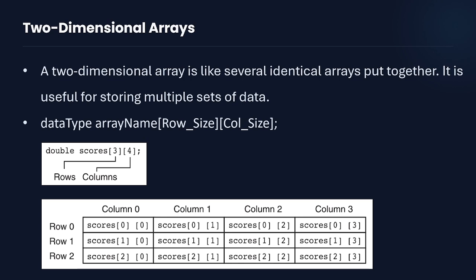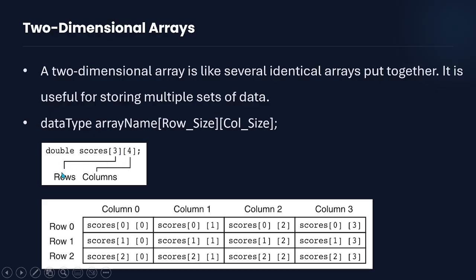All right, so how do you declare a two-dimensional array? We need a data type, the array name, then we need two square braces, where the first one is going to be the size or the dimension for the row, and the second will be the dimension or size for the column, right? Then we have an example here saying double scores[3][4].